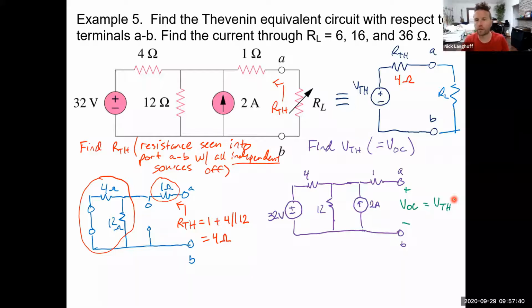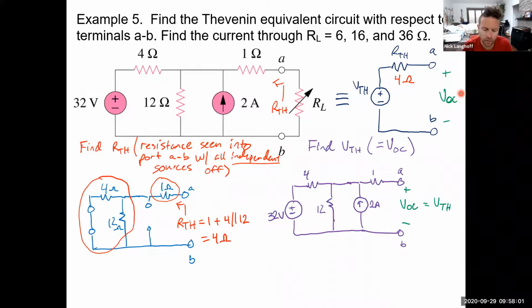Now, do you guys agree with me that, just imagine this, I'm going to erase the load right here. We're going to disconnect the load from that upper diagram, V Thevenin there. And do you agree that this would be VOC, the open circuit voltage in that diagram? You disconnect it, there's no load.